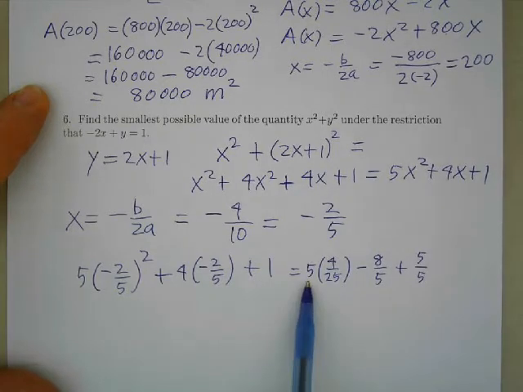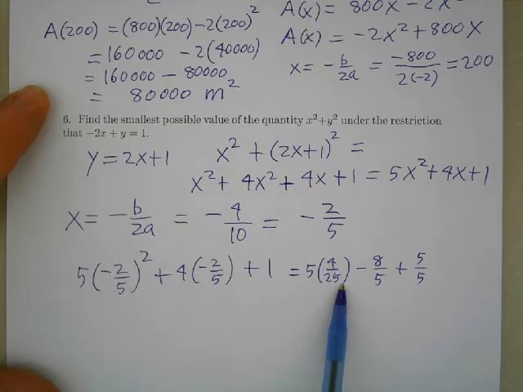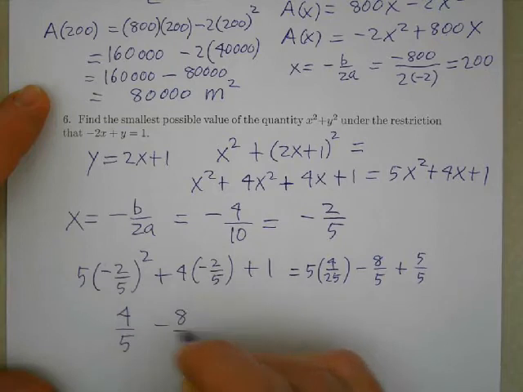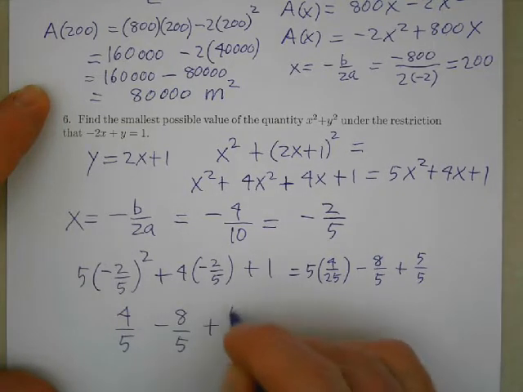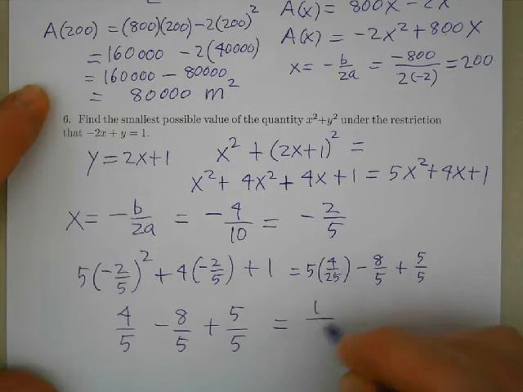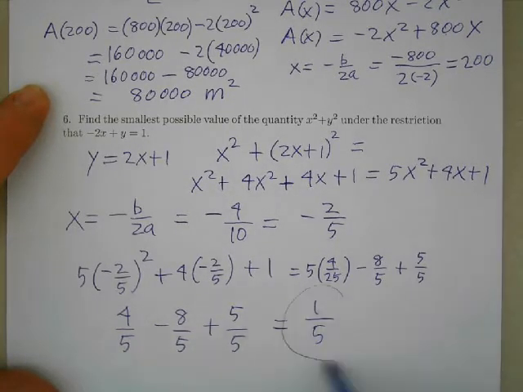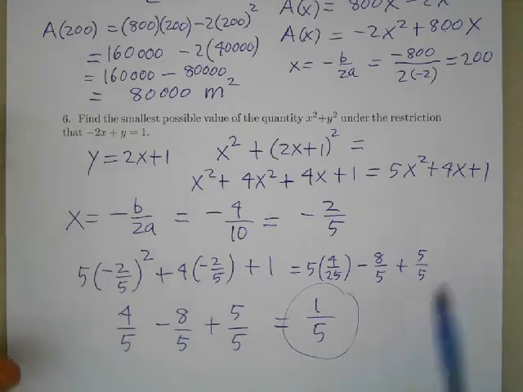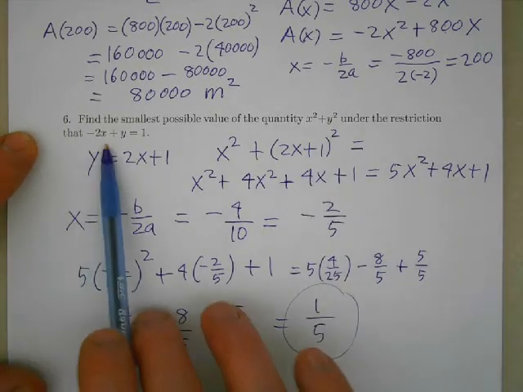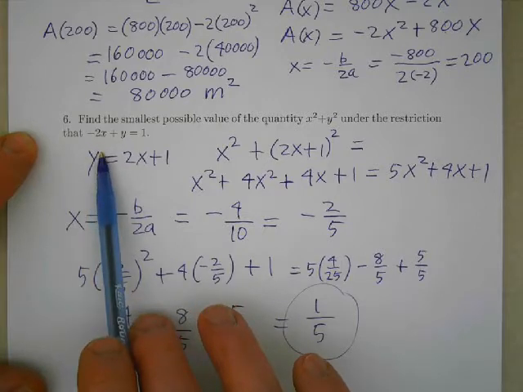And then 5 times 4/25 is just 4/5, so we get 4/5 minus 8/5 plus 5/5, and this all adds up to 1/5. So 1/5 is the smallest possible value that x squared plus y squared can have under this restriction where negative 2x plus y equals 1.